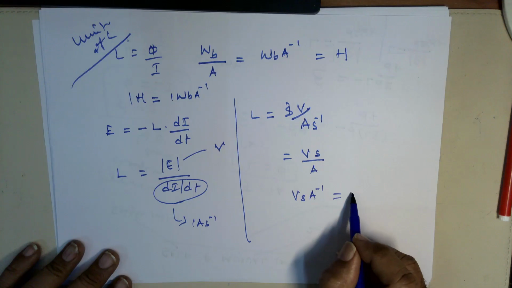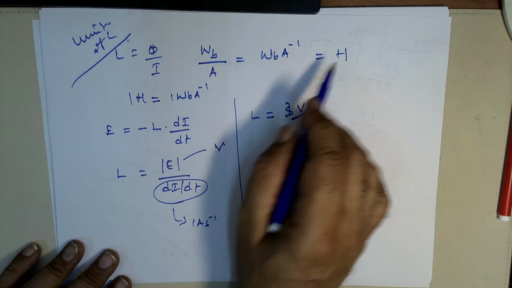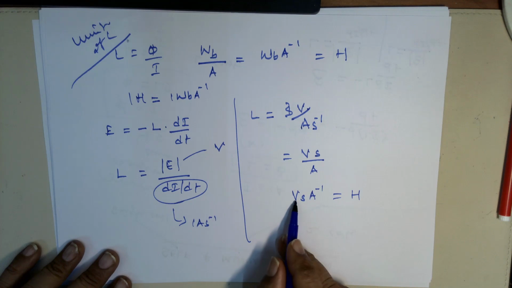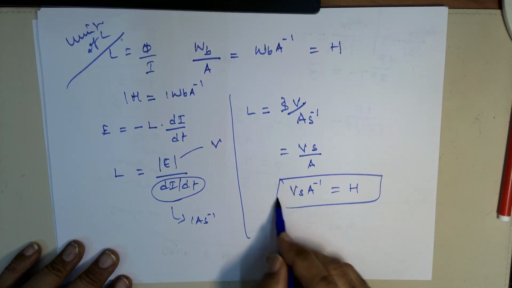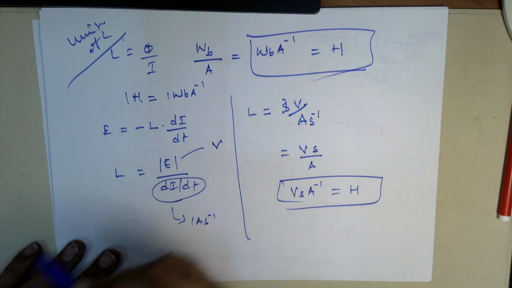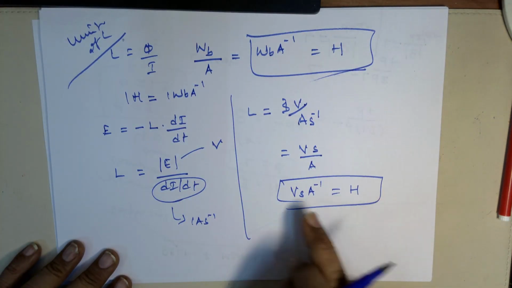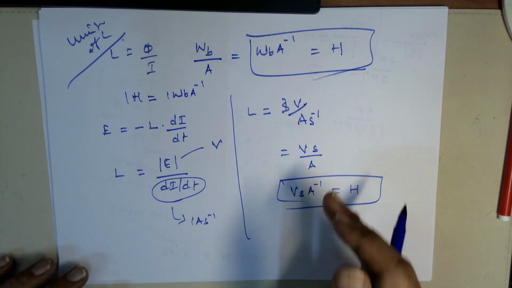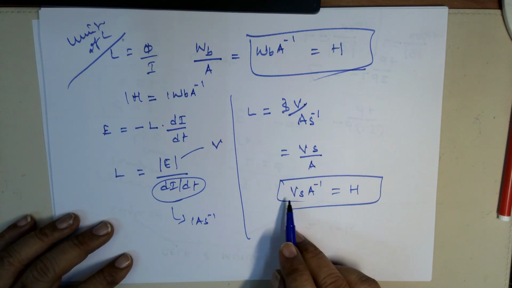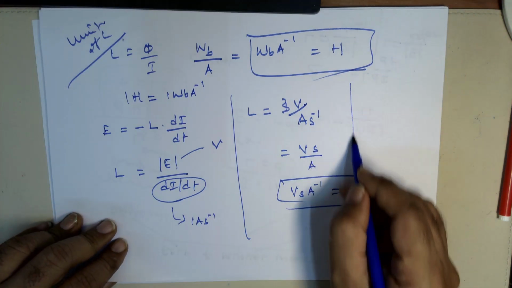That is called Henry also. So Henry has two meanings here. So the H can be represented as Weber per ampere or volt second per ampere. And this volt second is nothing but volt into second, and volt by ampere, what is volt by ampere according to Ohm's law?